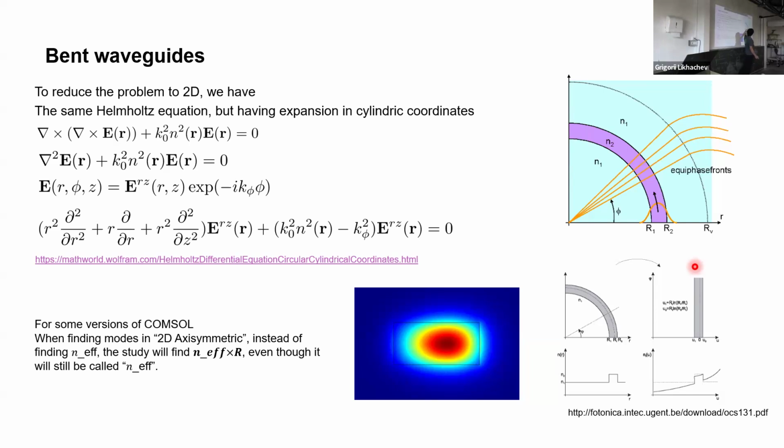If you plot the equal phase fronts here, then because of the outer side of the waveguide, for the same amount of angle of rotation, you travel a bit longer. So the accumulated phase is also a bit more.